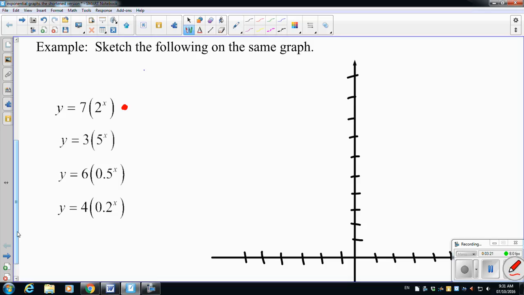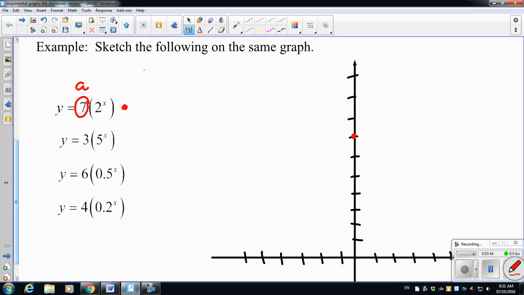So when I look at that first equation, I see that initial number, A. That tells me my y-intercept is 7. So it crosses the y-axis at 7. 1, 2, 3, 4, 5, 6, 7. And I'm going to put a point there because I know that it's starting there. And then I know that I have a base of 2.